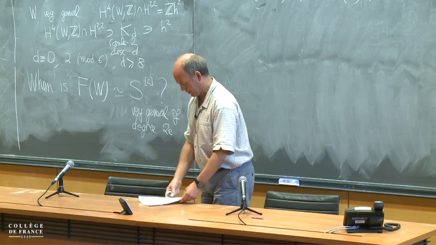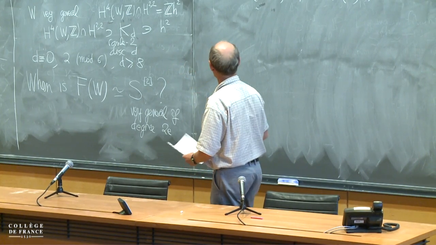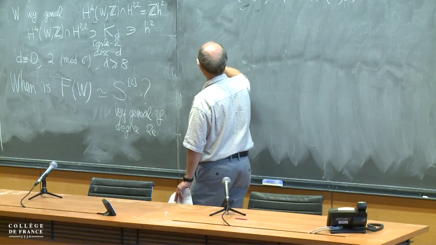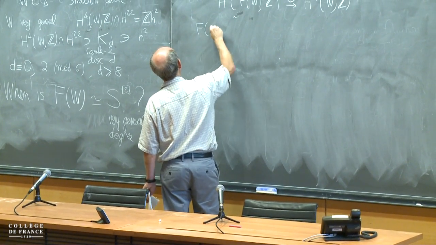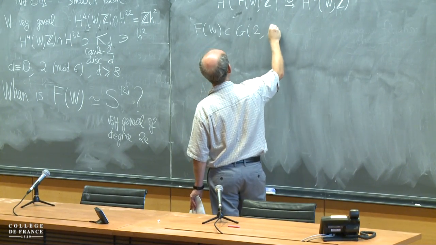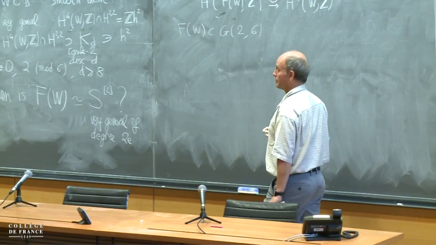Okay, but let's look at it in just a simpler way. So assume that you have an isomorphism like this. So F(W) is of course contained in the Grassmannian of lines in P5.